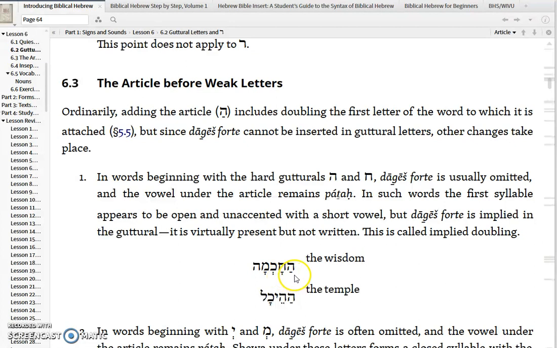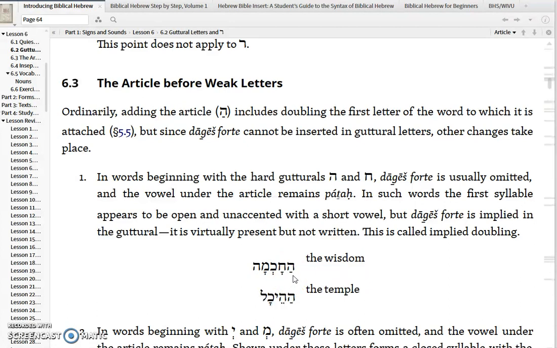So you put a patah, you try to double the het, and in my imagination, you put the dagesh in it. My letters sometimes talk to me, so let me tell you their conversation. The het says, look, I don't like dageshes. You can't put one in my stomach. It'll make me sick.